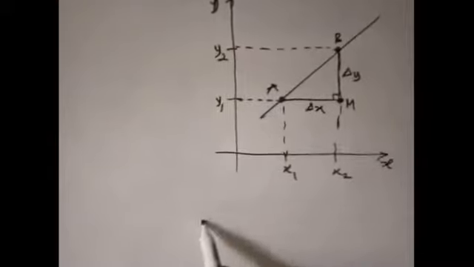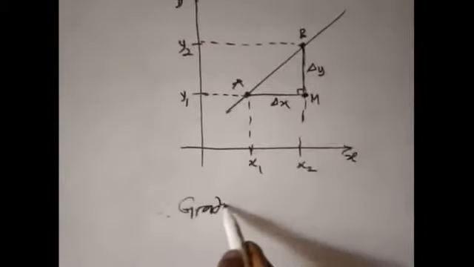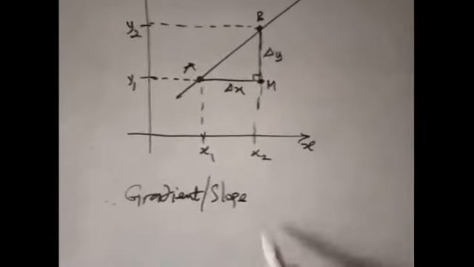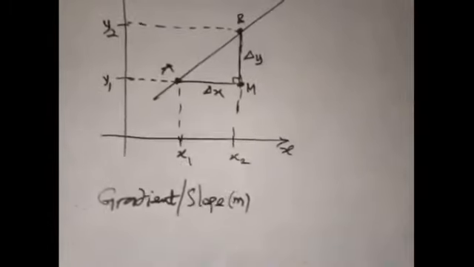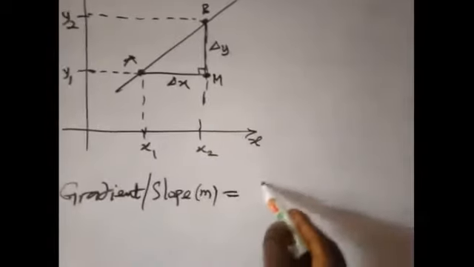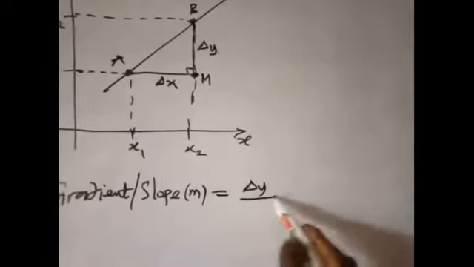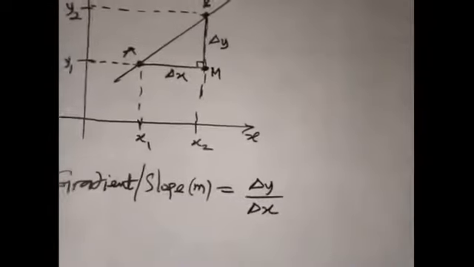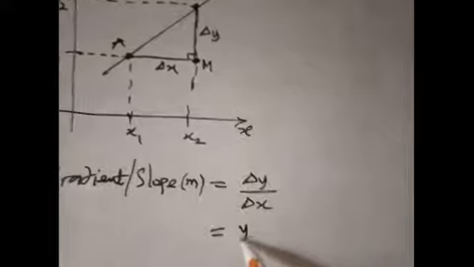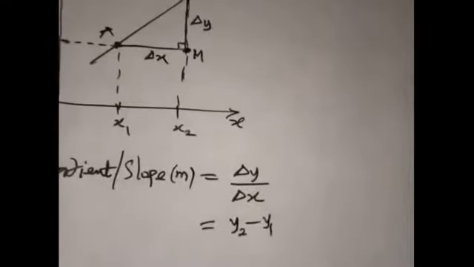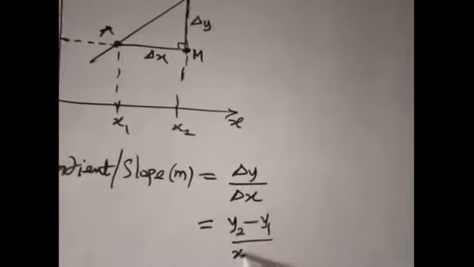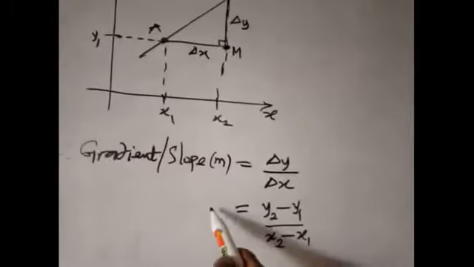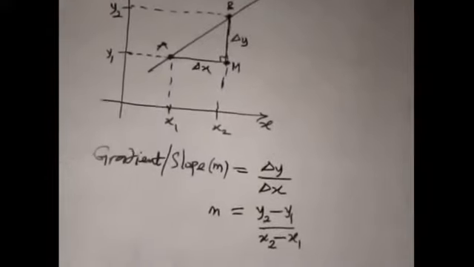So therefore we have gradient or slope, the symbol for gradient is small letter m, equals change in y, which is increment in y-axis, over increment in x-axis. Then change in y means y2 minus y1 over x2 minus x1. So this is what we have to be gradient.